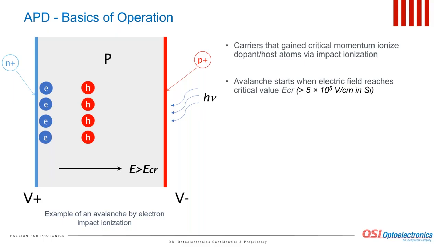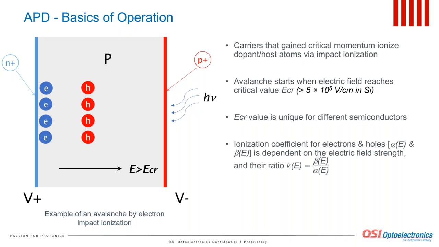The avalanche multiplication starts when the electric field across the semiconductor bulk reaches the critical value, and the higher the electric field, the larger the avalanche. The critical field is unique for each semiconductor material, as well as the impact ionization coefficients for electrons and holes.